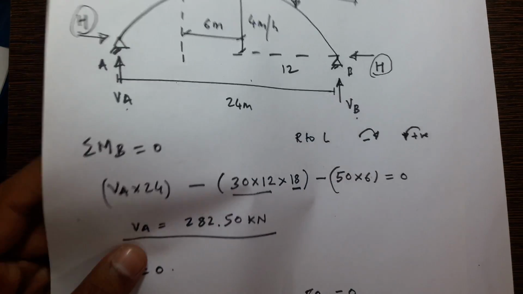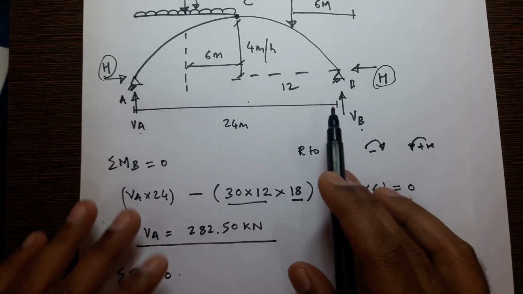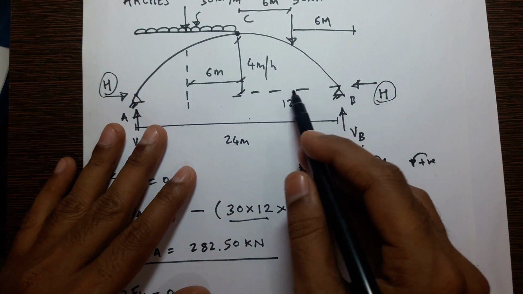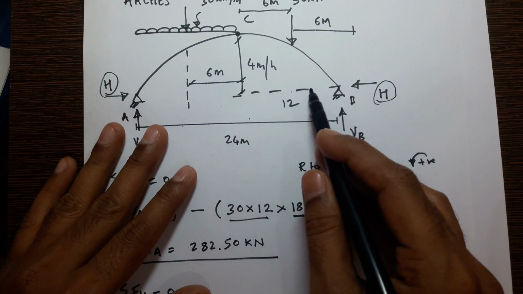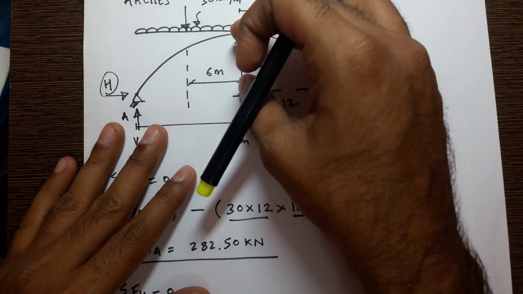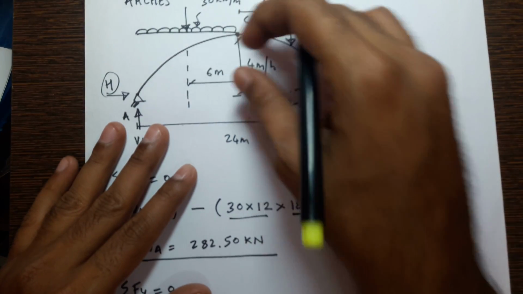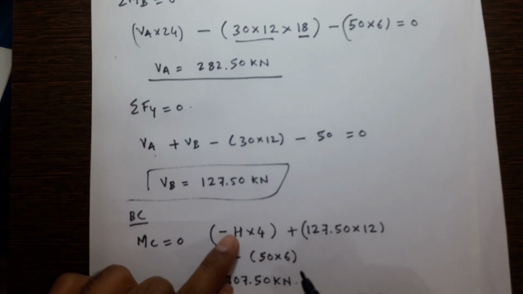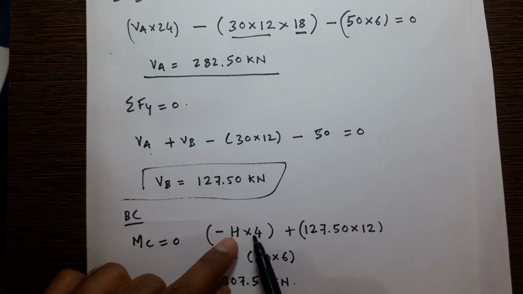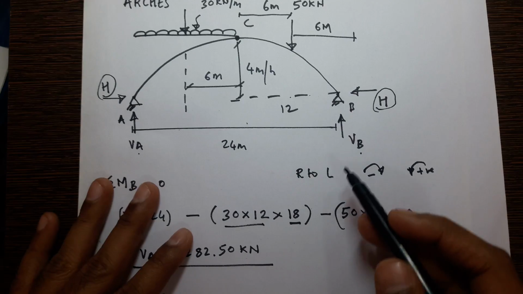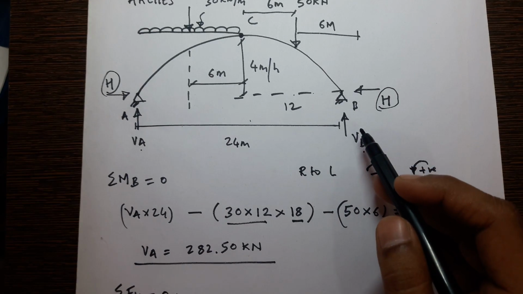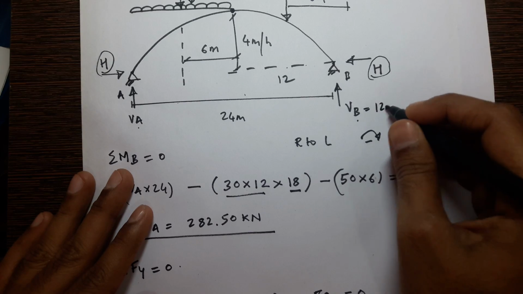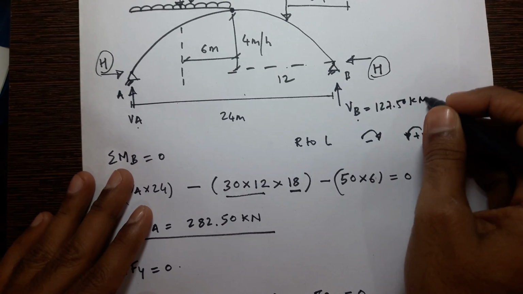Now see here, what will be the equation from B to C? H: this is the line of action of H, and the perpendicular distance from C is 4 meter, and this H creates clockwise moment, so we have to take negative, minus H into 4. Then you have VB, the value of VB is 127.5 kilonewton.